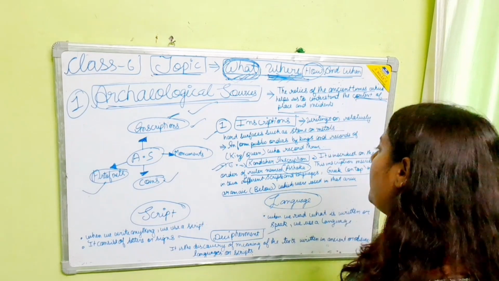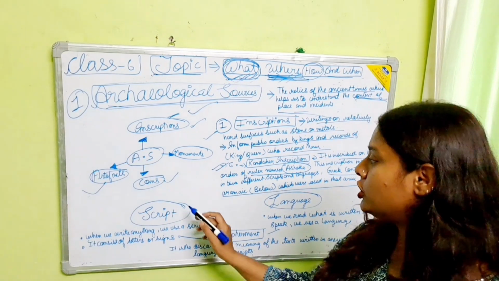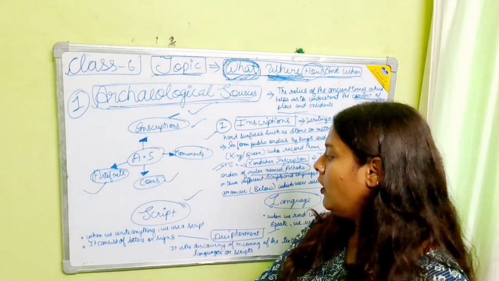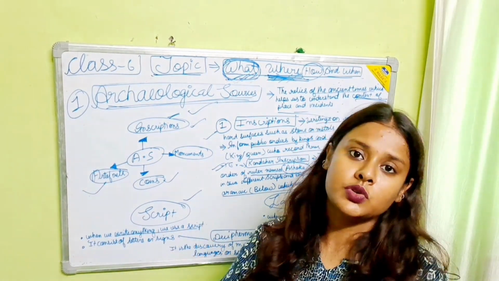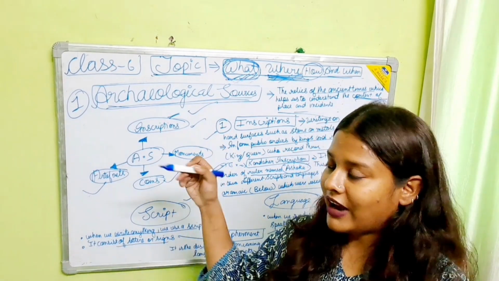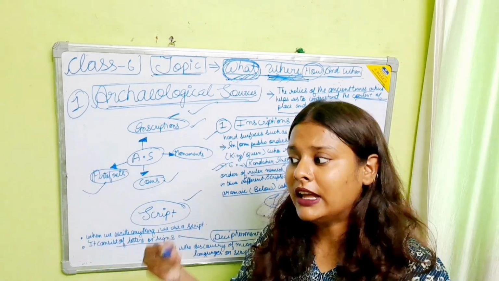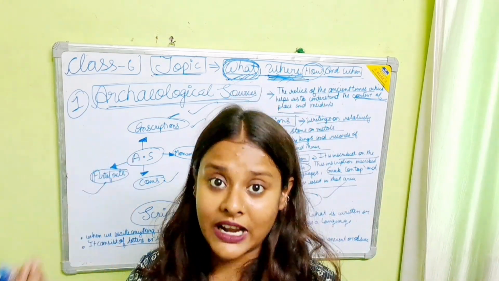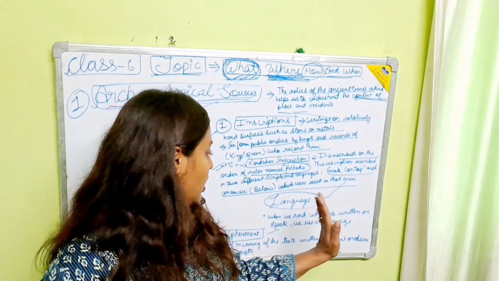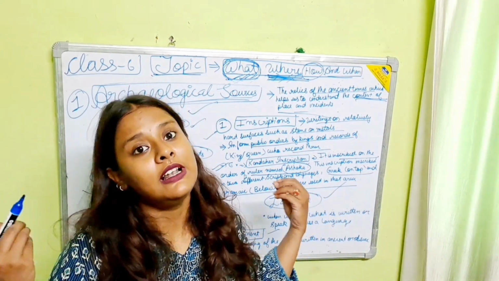Now when we talk about script and language, we should be aware of what is script and what is language. Script: when we write anything, we use a script, and it consists of letters or symbols. And when we talk about language, when we read what is written or speak, we use a language.